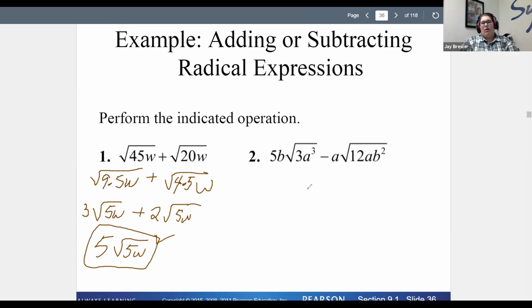Okay. Now, before we do number 2, what do you think is a strong likelihood for a mistake a student could make when adding and subtracting radicals?